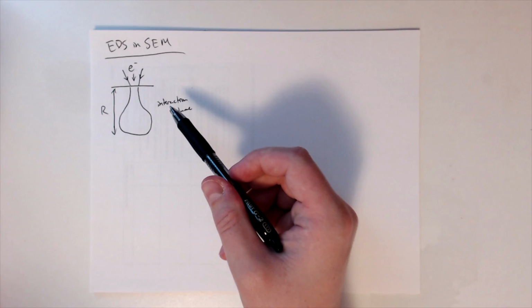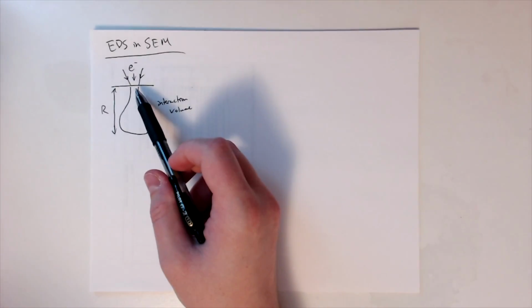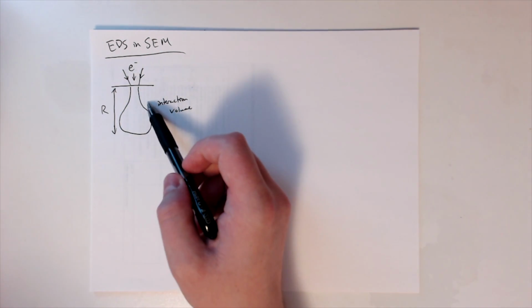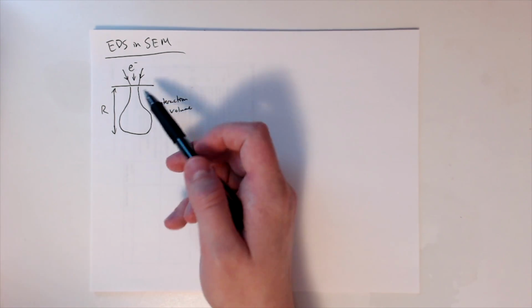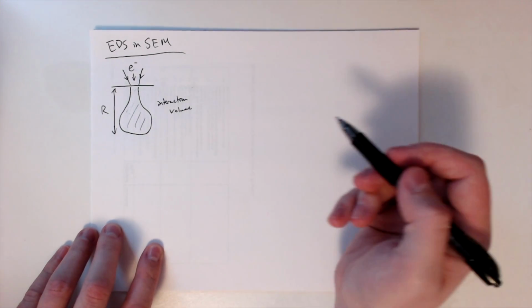All right, so this is the drawing you saw before. This is the sample surface, the electron beam, and the interaction volume, which has a teardrop shape. This interaction volume is not constant.